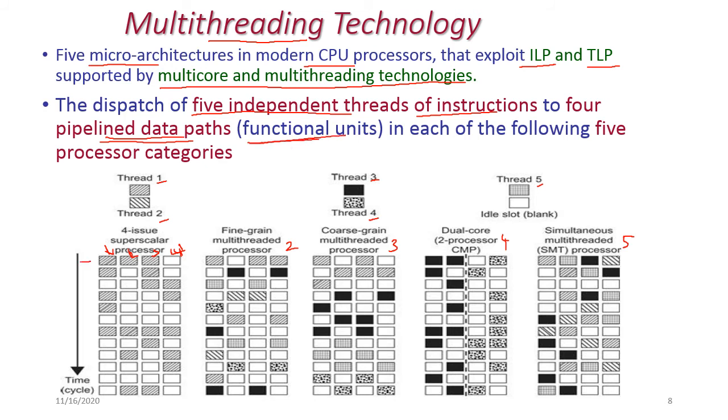These 4 are called one functional unit in each of the following 5 processor categories. Now let us see all the processors one by one. First is the 4-issue superscalar processor, then fine grained multithreaded processor, coarse grained multithreaded processor, dual core, that is 2 core processors, and simultaneous multithreaded processors. We are going to see all these processors in detail one by one.